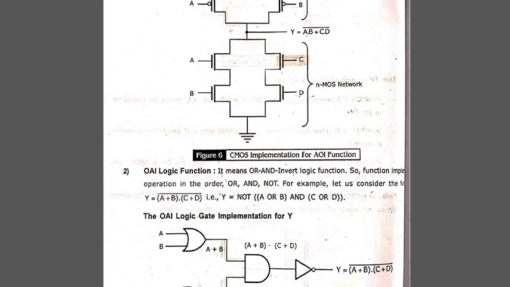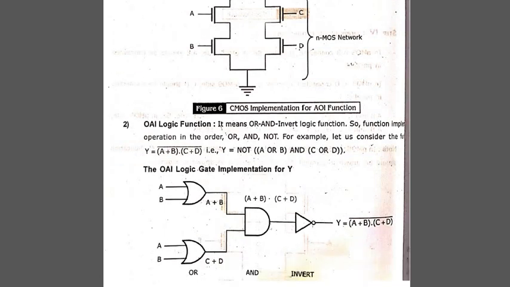Similarly, if you go for the OAI logic operation, meaning OR-AND-Invert, I have given the same example and drawn the figure. Two OR gates should be considered for AB and CD: (A plus B) into (C plus D), and that is given to the inverter.